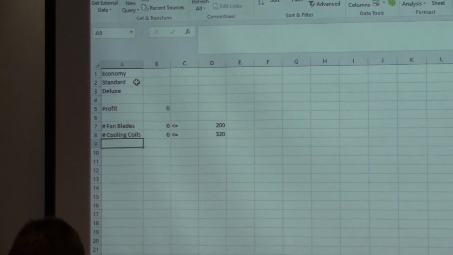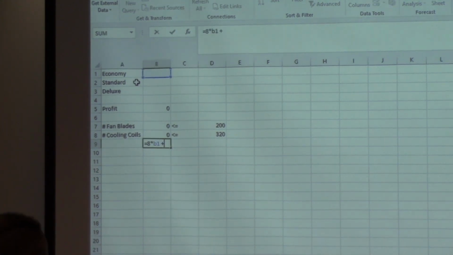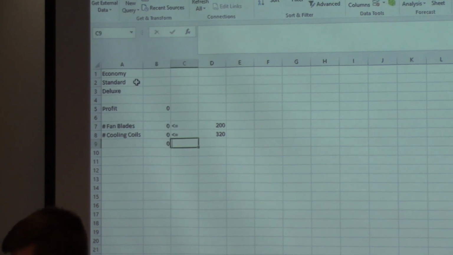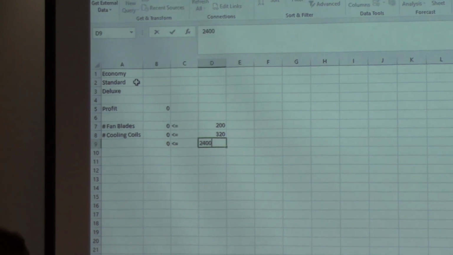And then the last one I had was 8 times B1 plus 12 times B2 plus 14 times B3. Had to be less than or equal to 2,400. And what was that constraint? Hours.